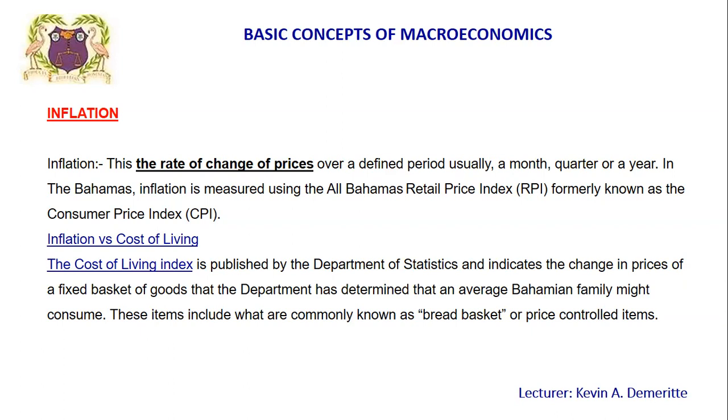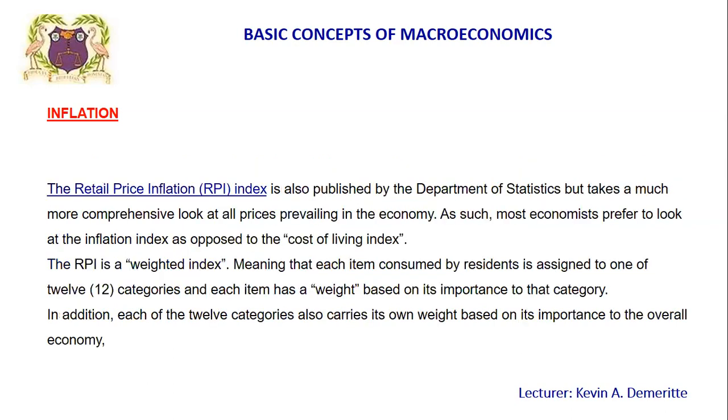So when you hear talk about the cost of living, technically speaking, they're only talking about the change in price of this basket of goods that they think the average Bahamian consumer would buy. All right. These items are what are commonly known as breadbasket items or price control items. These are the things that are in this basket that is used to calculate the consumer price index.